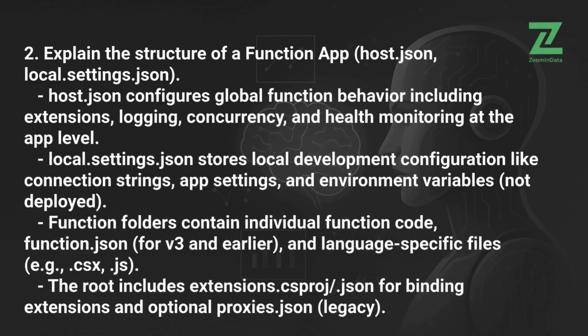Function folders contain individual function code, function.json for v3 and earlier, and language-specific files, e.g., .csx, .js. The root includes extensions.csproj, for binding extensions, and optional proxies.json, legacy.